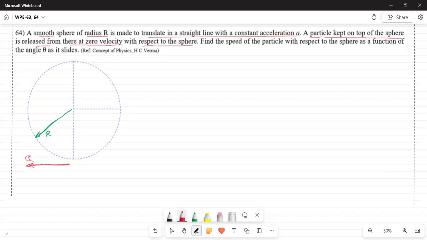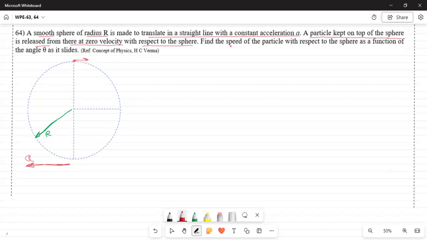That means there was a particle here which is released. Now, obviously, if this particle is released, it will move in the right direction, because the sphere is being pulled in the left direction.